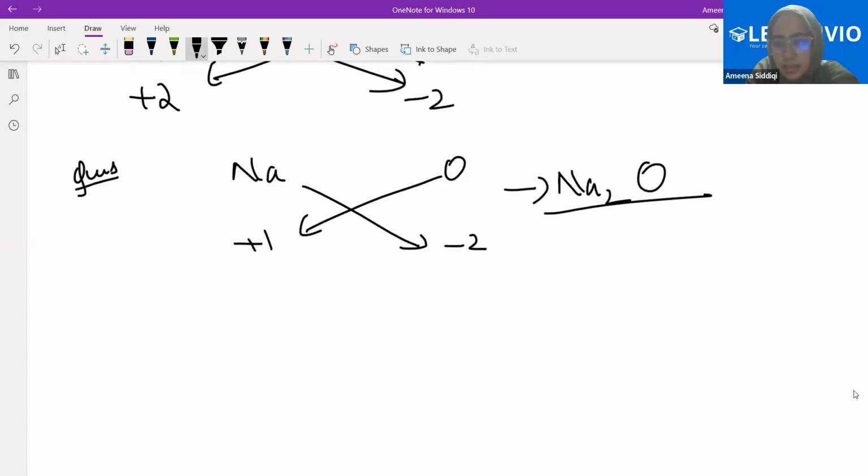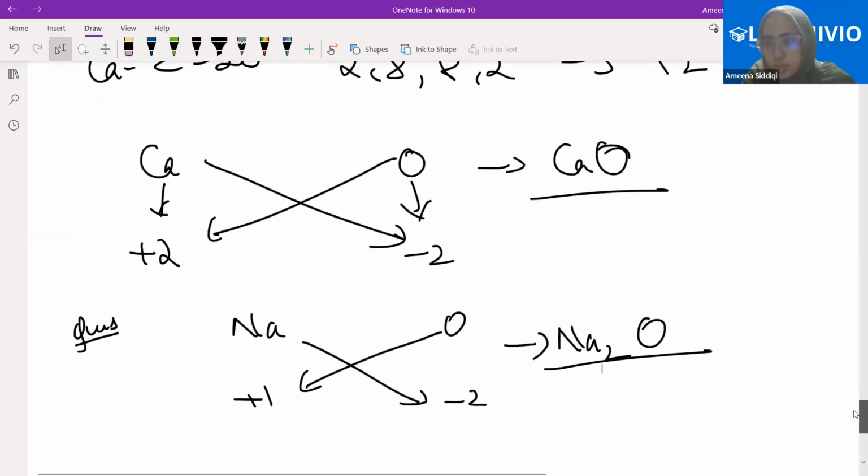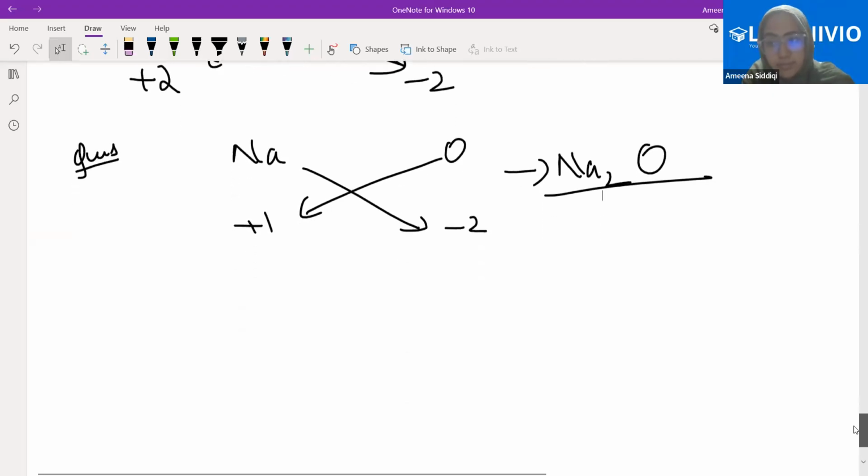So in the earlier case also, we could have had Ca2O2 then, but they get cancelled, right? The twos cancel, so there is no electron giving. Then how is the bond there?